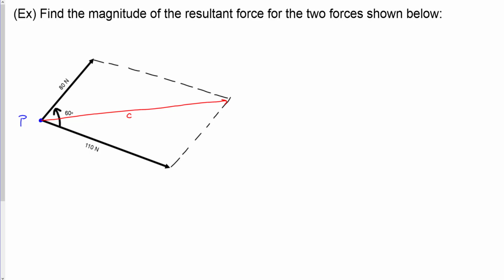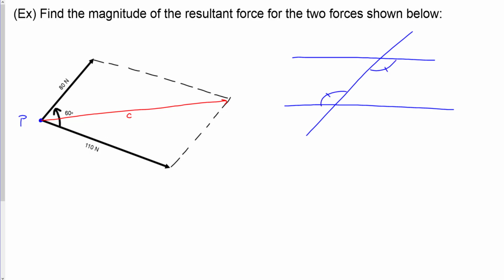So when you have a transversal cutting parallel lines, here's parallel lines and I have a transversal. The opposite interior angles are equal. So these two would be equal and the others that I marked are equal, and the opposite exterior angles are equal as well.